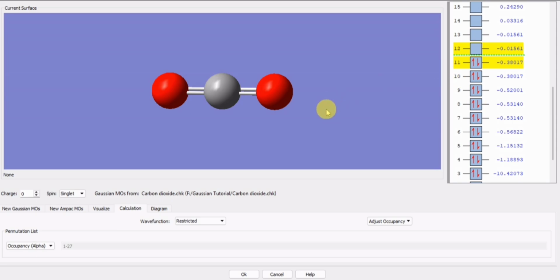Okay, so these are the things you can get from this optimized output.